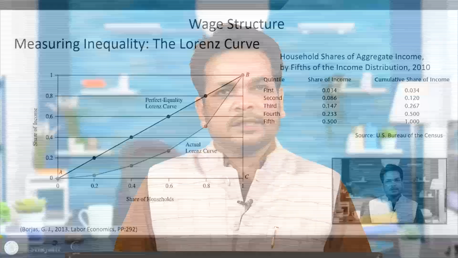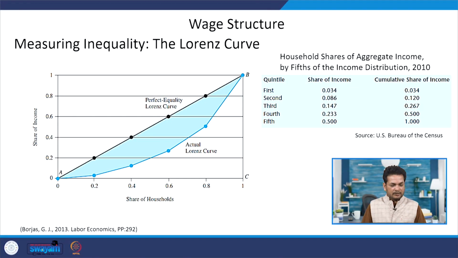So, here is how we can graphically present this. On this x axis on the lower side, we have taken the share of households, and on this side we have taken the share of income.